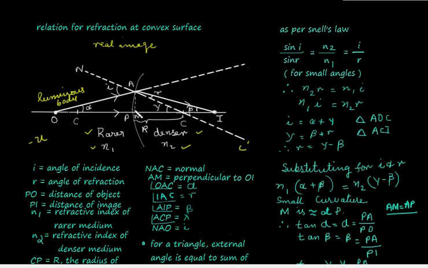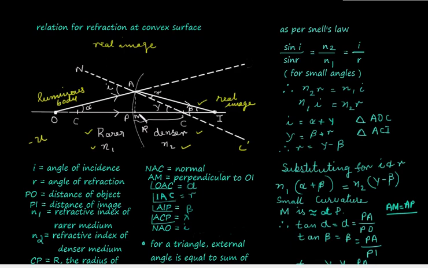The object is facing the convex surface. A ray passing through the principal axis will go without deviation, so this ray passes straight, and this ray deviates along this path, not the dotted line. These two rays converge at the point I, where you get the real image.